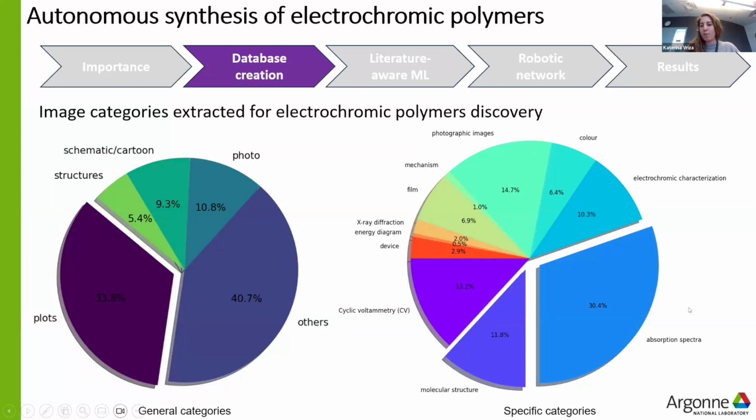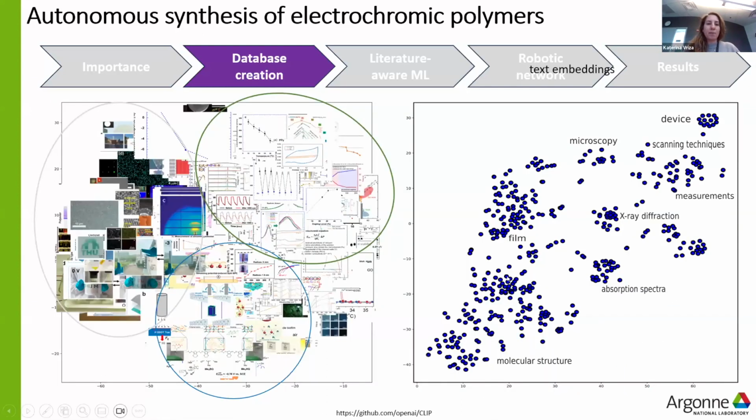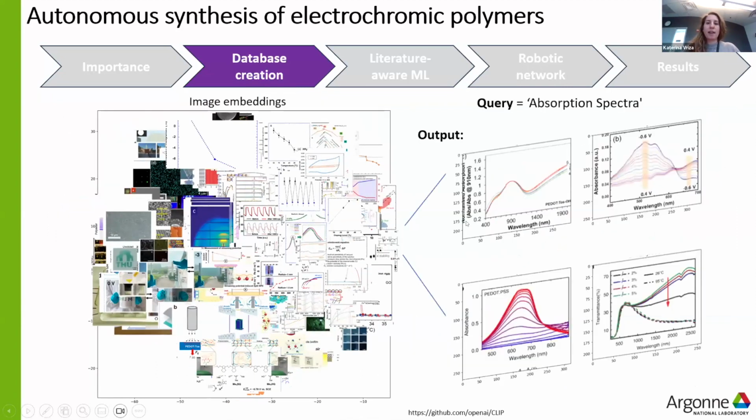The absorption spectra is the image you mostly find in this type of research, because this is the method to characterize this type of materials. By creating a database with all these image and text pairs, we can query it and get out only the absorption spectra images that we are interested in.